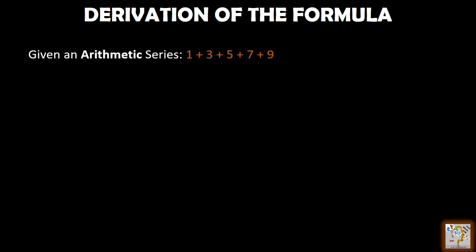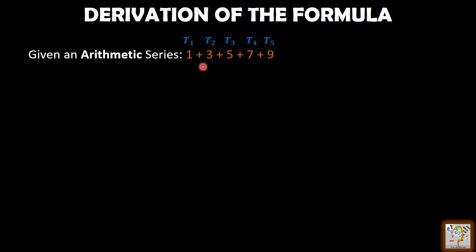Now we are still on the derivation of the formula. Suppose you are given an arithmetic series, which is 1 plus 3 plus 5 plus 7 plus 9. Term number 1 is 1, term number 2 is 3, term number 3 is 5, term number 4 is 7, and term number 5 is 9. But how sure are we that this is an arithmetic series?